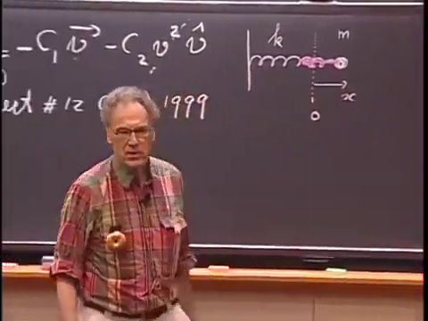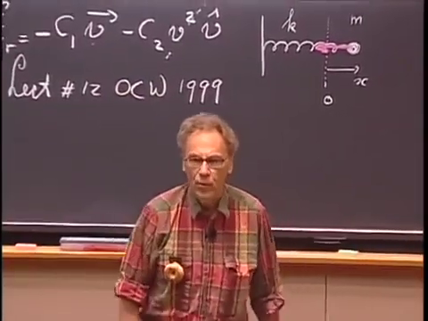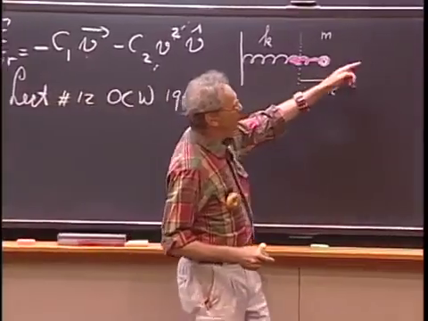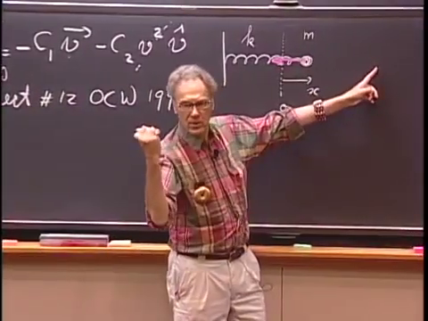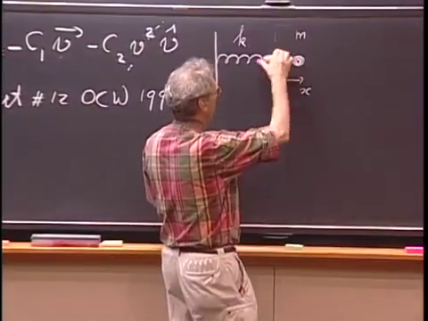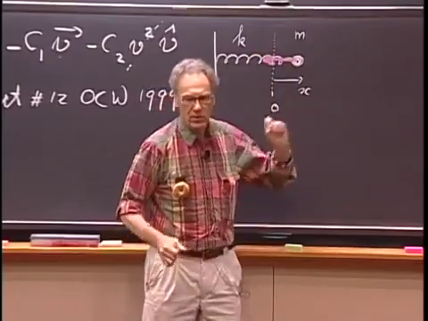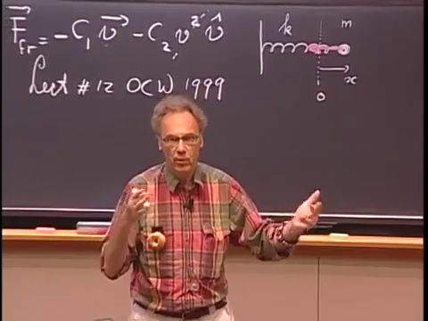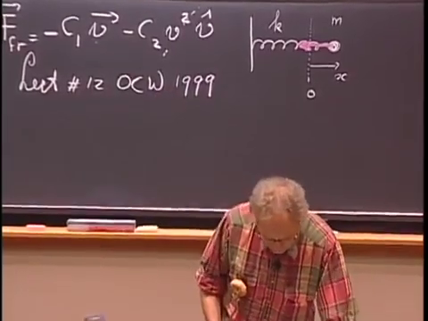In addition, there is this frictional force, and I have no idea in which direction it is, because if the object moves in this direction, the frictional force is like so. If the object at this moment moves in this direction, then the frictional force is so. So I cannot put it in there. I have to know the velocity in order to put in the frictional force, so I won't do that.